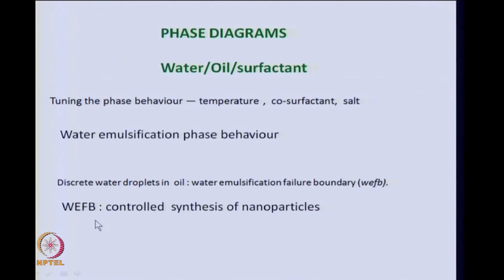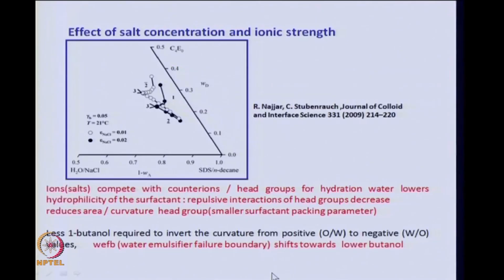So, WEFB, if you know, you can do the controlled synthesis of nanoparticles. So, basically you need to know the phase diagram of the system, which will tell you where is this water emulsification failure boundary. Now, the water emulsification failure boundary WEFB is also dependent on salt concentration and ionic strength.